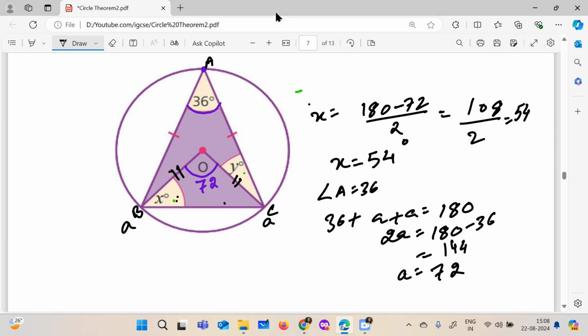So if this whole measure is 72, and you know that this part is 54, because x is 54, then y equals 72 minus 54. Is this clear to you? So y is equal to 18 degrees. Clear? Okay, very good. Now let's see a few more questions.